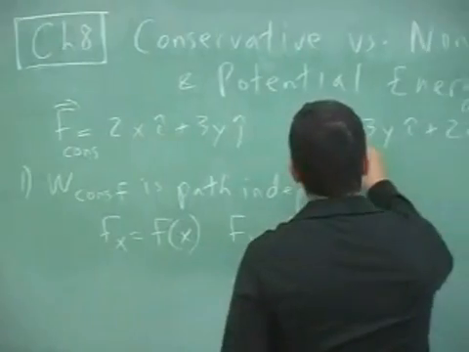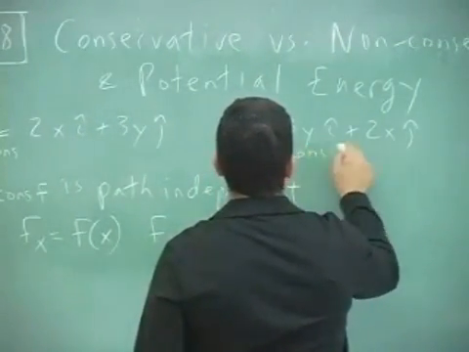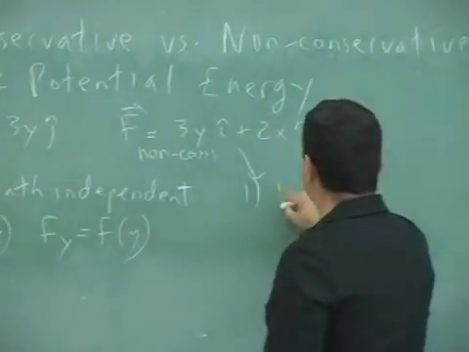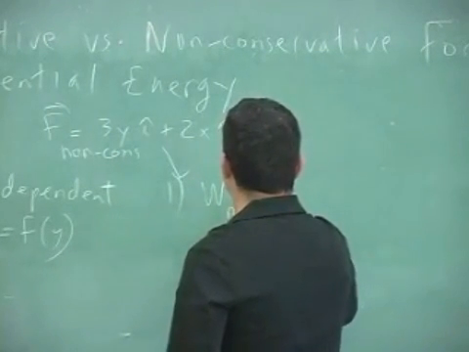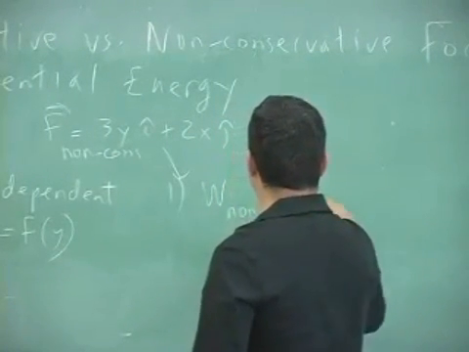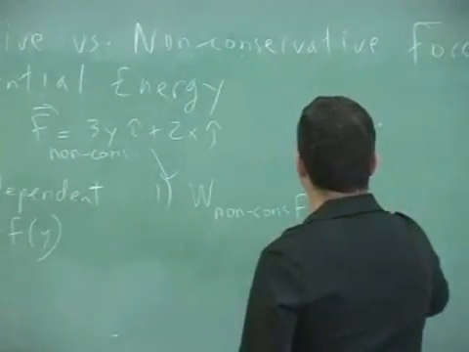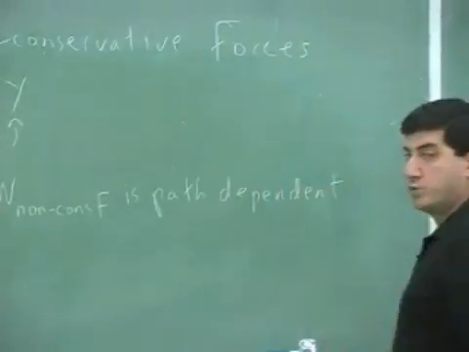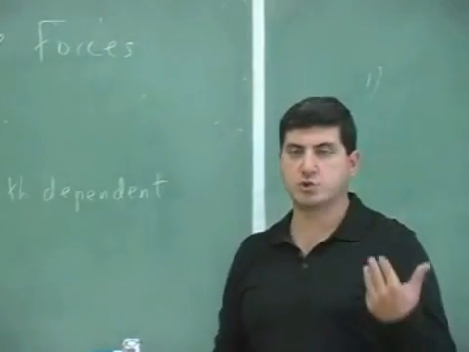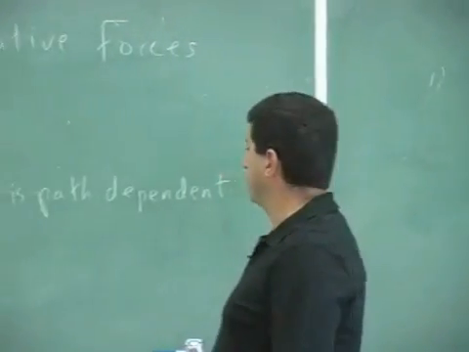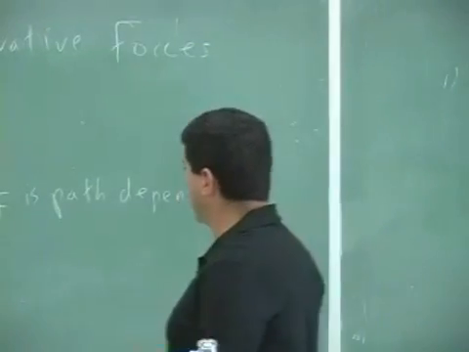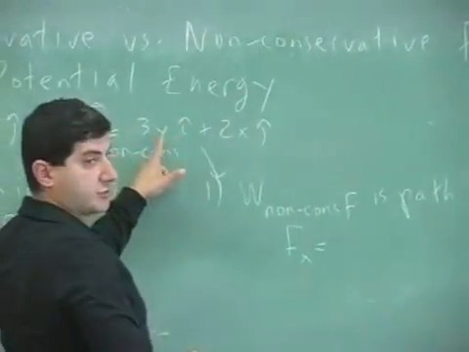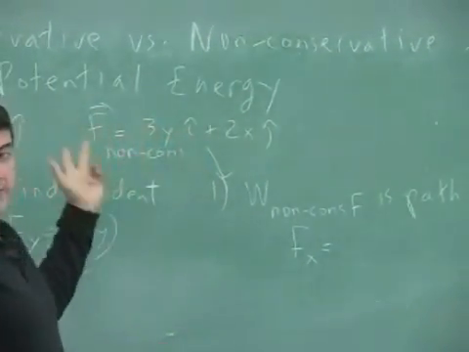This one was an example of a non-conservative force. Its characteristic is that the work done by a non-conservative force is path dependent. So when we did the integral of the work, we needed to use the path that the particle took. Therefore, the way to tell that it is non-conservative is that the x component of the force has a y dependence.